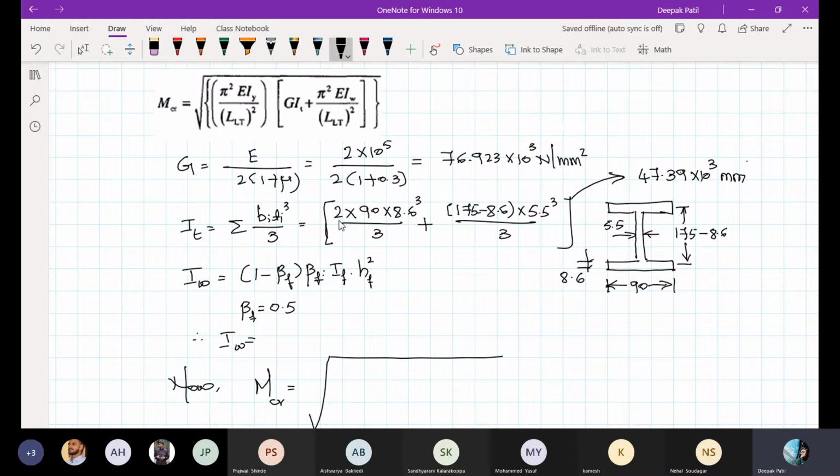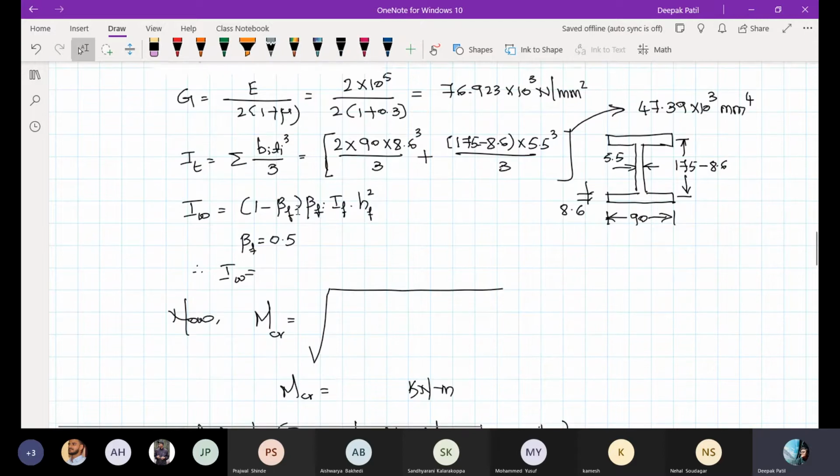Mm raised to 4. So this is the torsional constant. Then I can easily calculate the warping constant, that is Iw, which is given by (1 minus beta f) times beta f times Iy times hf square.